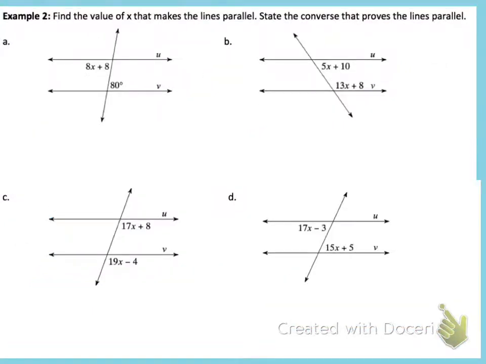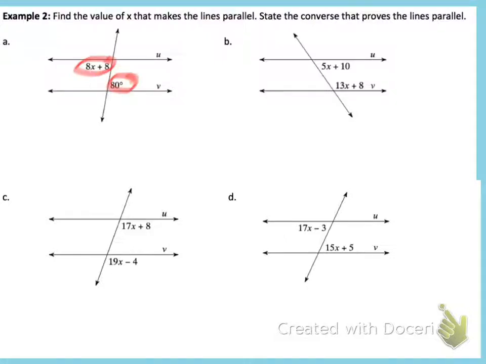Okay, so let's move on, and we'll get a little more complicated with these, just throwing in some variables and whatnot. But this time it says find the value of x that would make the lines parallel. State the converse that proves the lines are parallel. So the first thing I always want to do is look at where the labels are in these drawings and see if I can figure out what kind of angles they are.